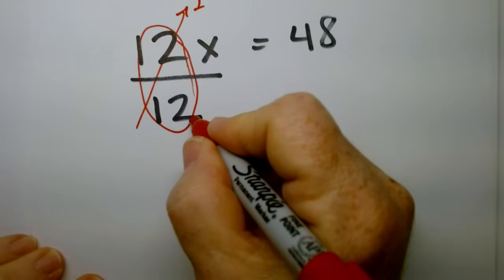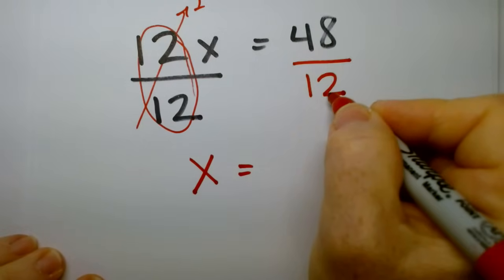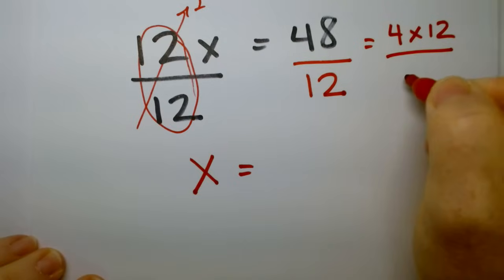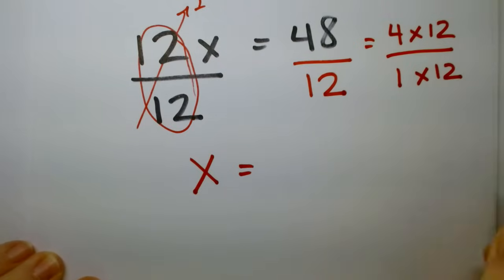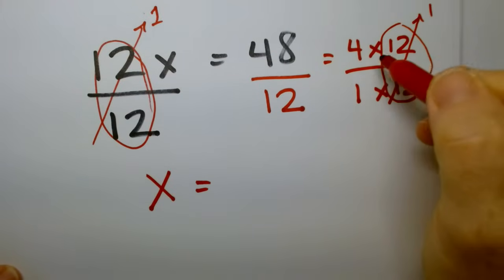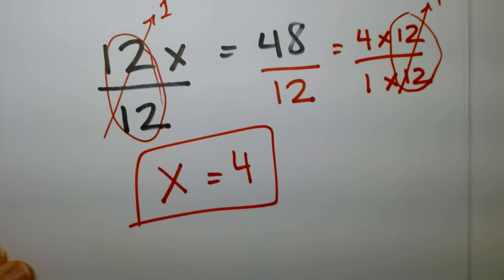So I divided by 12, I've got to divide by 12. 48 divided by 12. This is 4 times 12. This is 1 times 12. And then the 12 over 12 goes to 1. So I have 4 over 1, which is known as 4. And that's the answer we saw right off the bat.